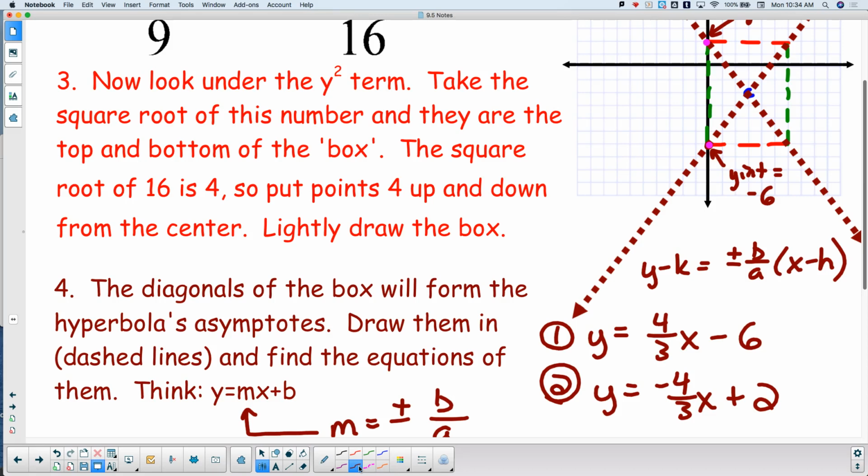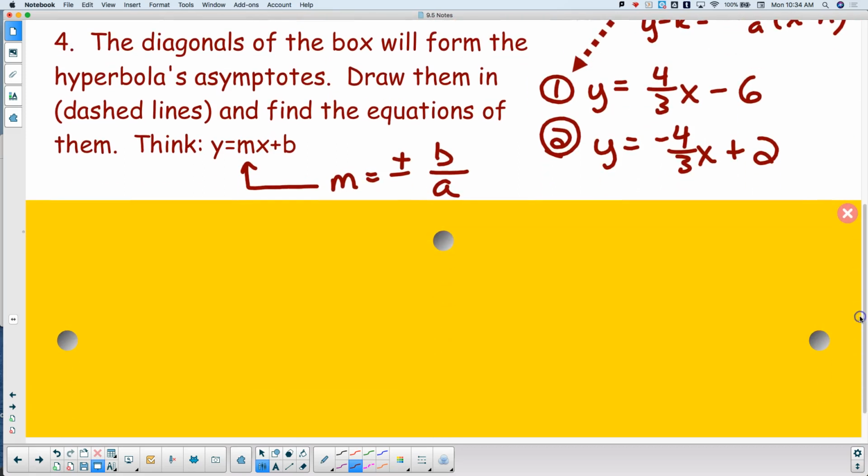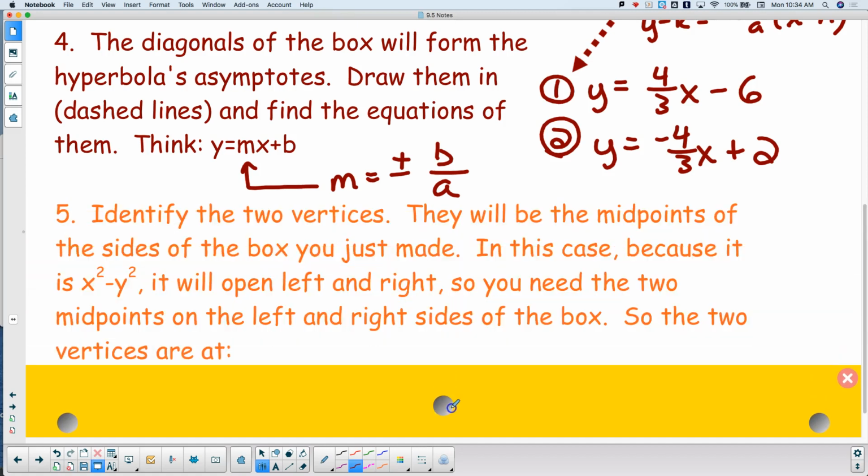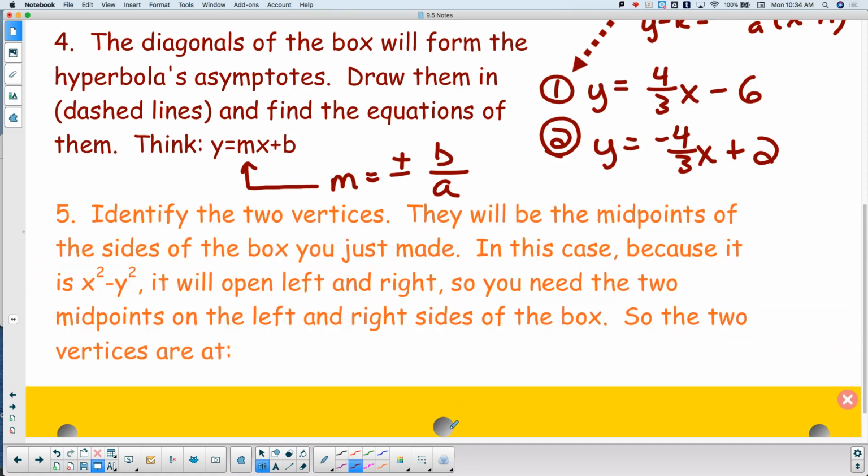All right, so we got that going, which is nice. Next, we're going to identify the two vertices. They are going to be the midpoints of the sides of the box that we just made.